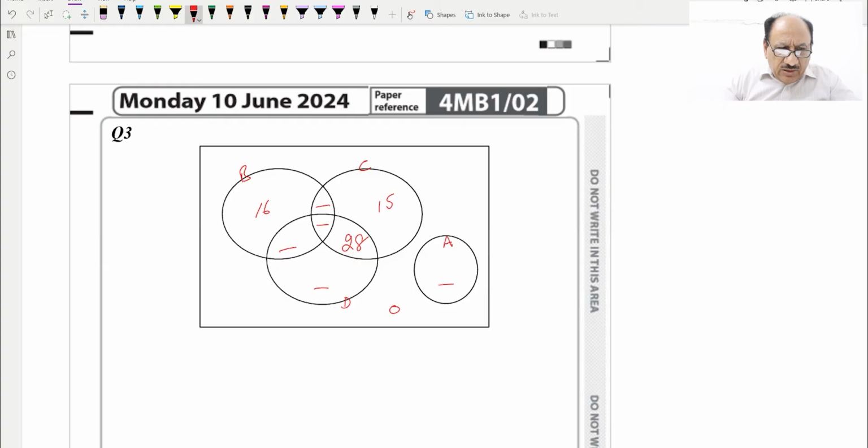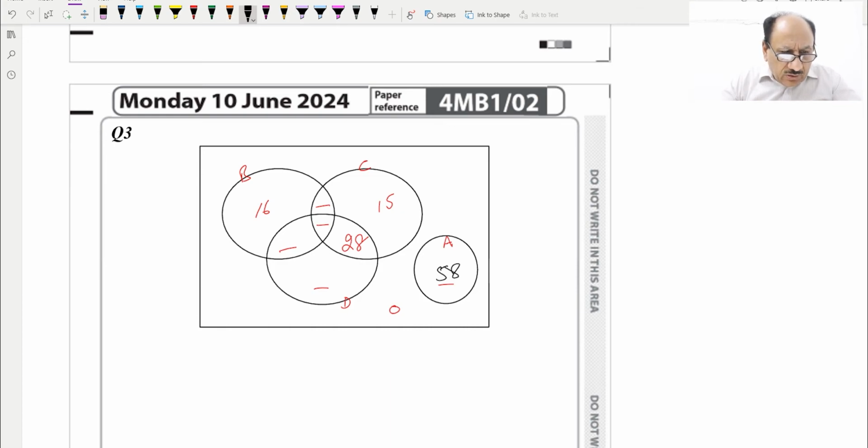So n(A) is equal to 58. So 58 students are outside here, undisputed. We can write here that these 58 are not shared by anything else. And then they are saying B intersection D is 48.